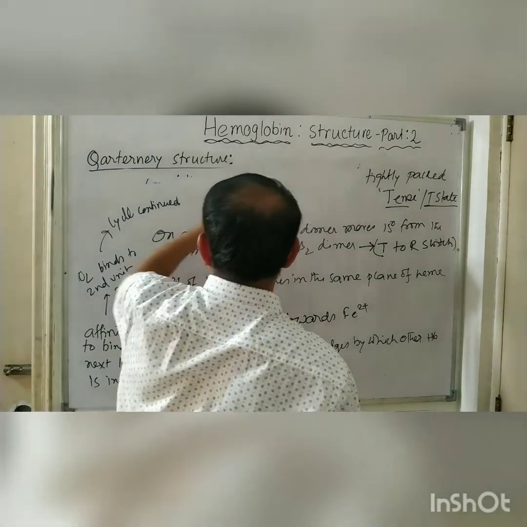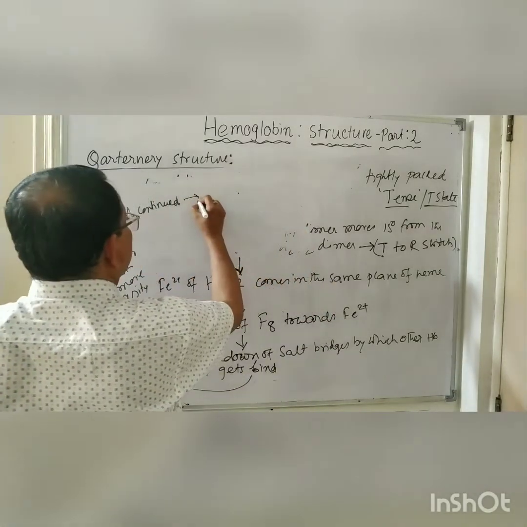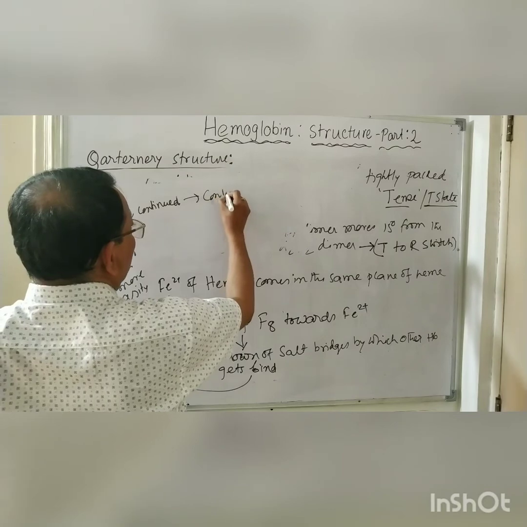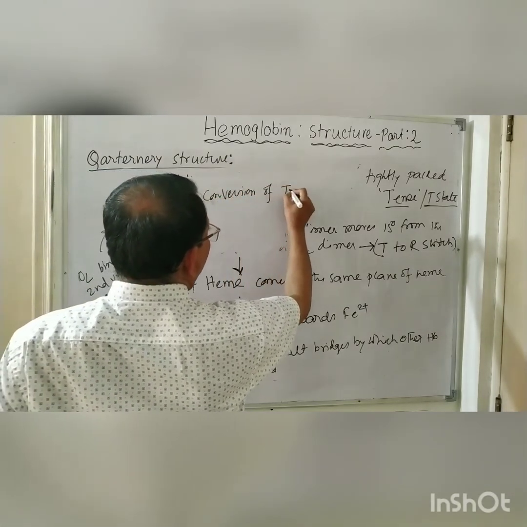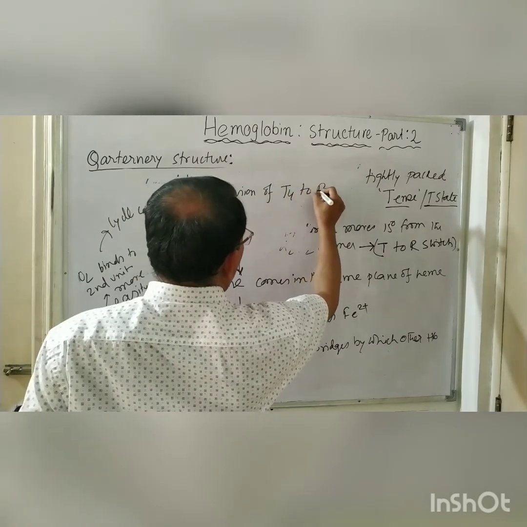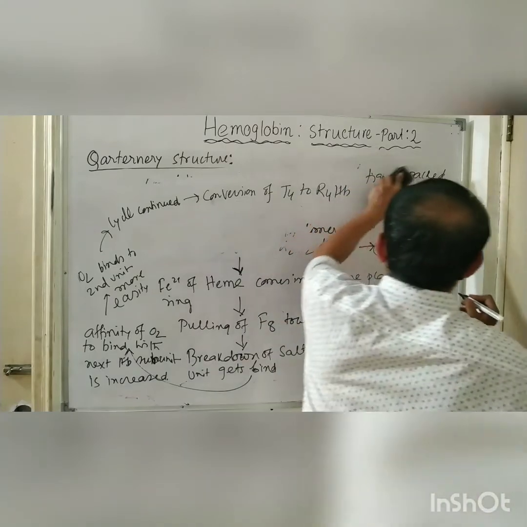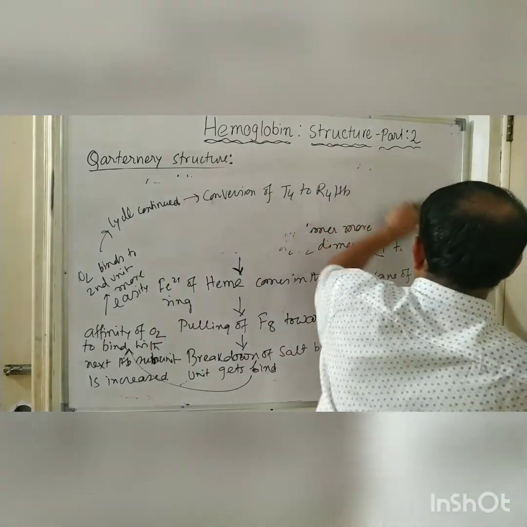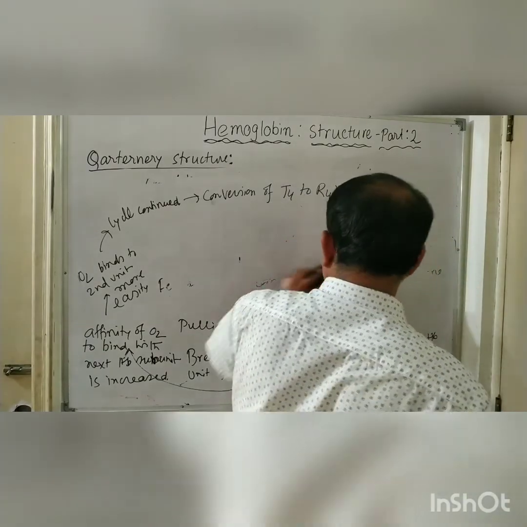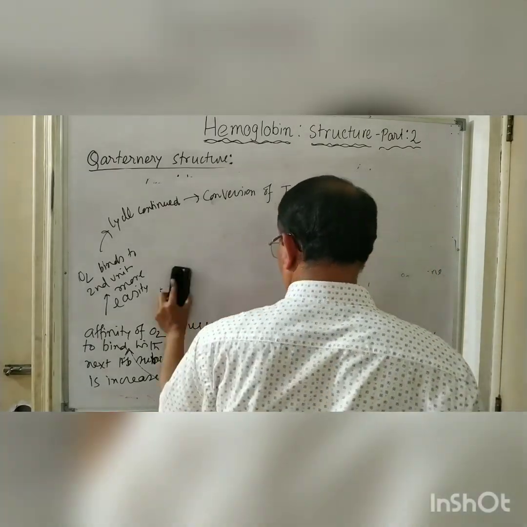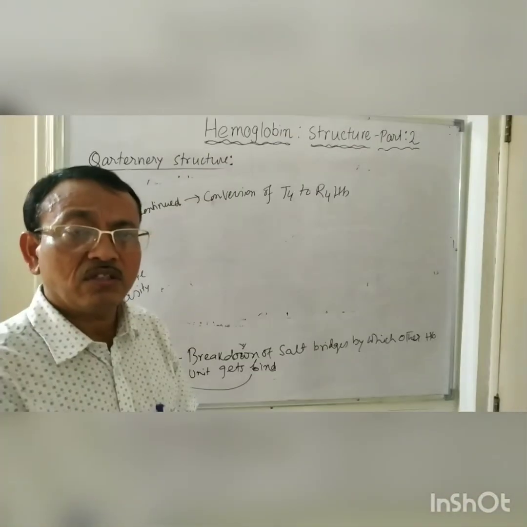And ultimately what's happened? Because of this cycle, ultimately there is a conversion of T4 to R4 hemoglobin. This conversion is taking place once the 4 oxygen molecules bind with the 4 subunits of a hemoglobin molecule.